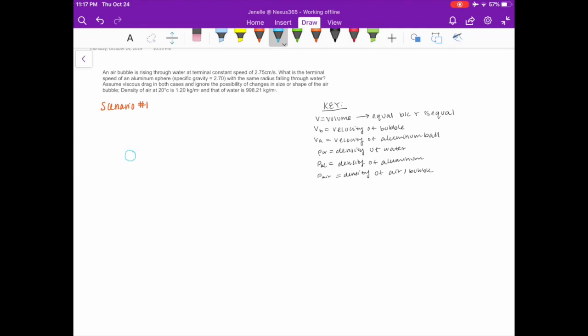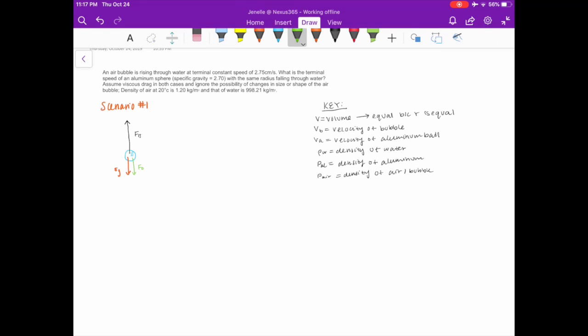So it's best to start off by drawing a force diagram. For this air bubble, we know that there's a force of buoyancy pointing upwards. We also know that there's a force of gravity, due to the weight of the object, pointing downwards. And because this air bubble is floating upwards, there's also a viscous drag force pointing downwards.